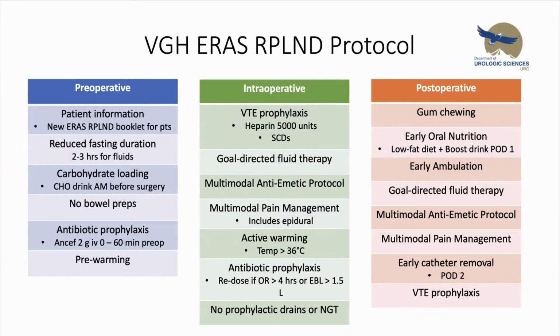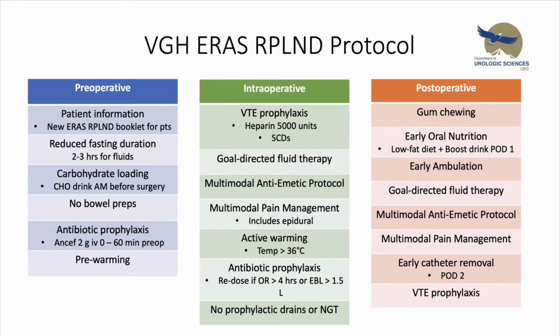Then intra- and post-operatively, we have VTE prophylaxis, starting from heparin and SCDs intraoperatively to enoxaparin for 4 weeks post-operatively. Patients will undergo goal-directed fluid therapy, a multimodal anti-emetic protocol, and pain management with an epidural.